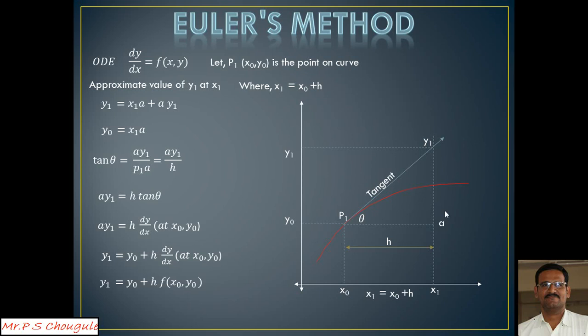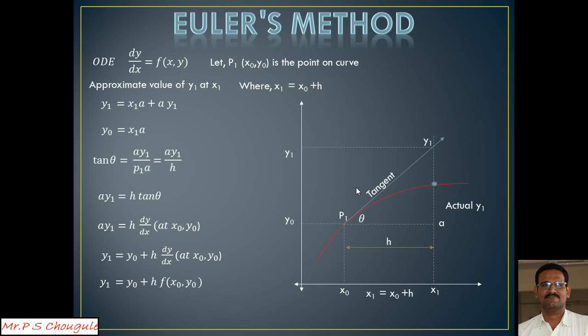And as we know, dy upon dx is equal to f of x0, y0. So y1 is equal to y0 plus h into f of x0, y0. This will give the approximate value of y1. Again remember, y1 means the approximate value of y at x1, y0 means the previous value at x0, h is the step size, and f is the function, that is the ordinary differential equation.